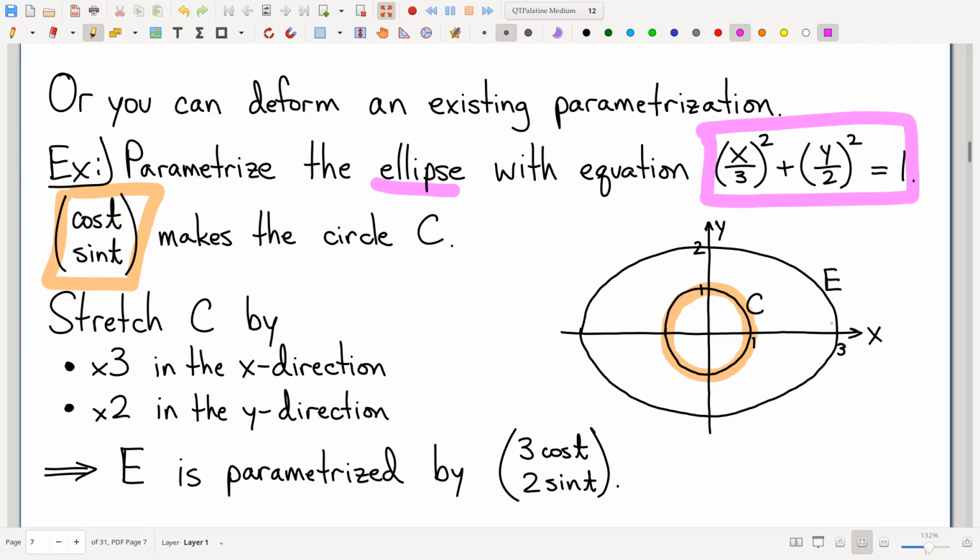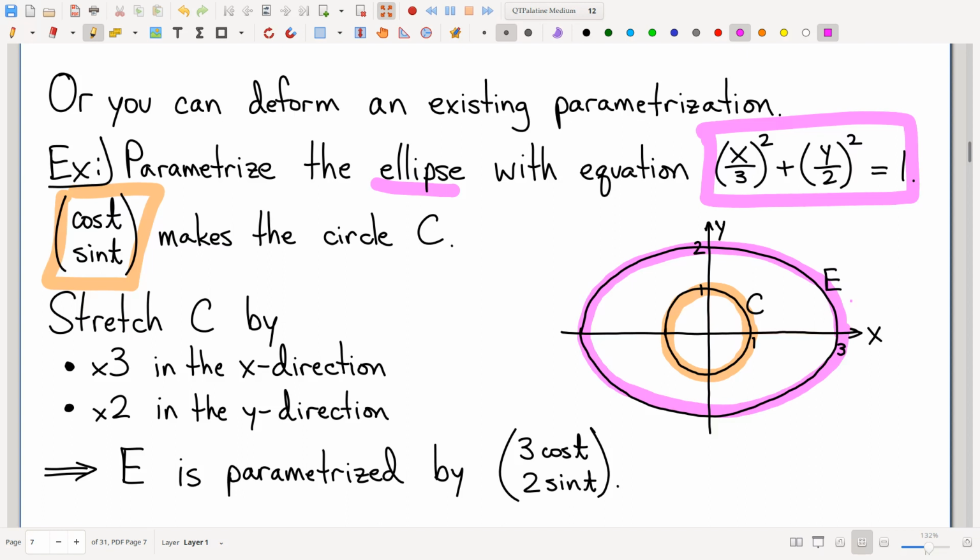And y'all remember your high school algebra, right? This ellipse is centered at the origin, and the x radius is 3, and the y radius is 2. So it's kind of like that. Okay, so how do I parameterize the ellipse?